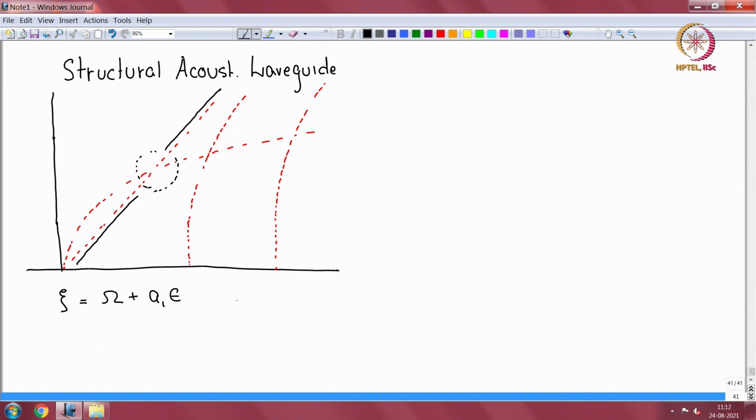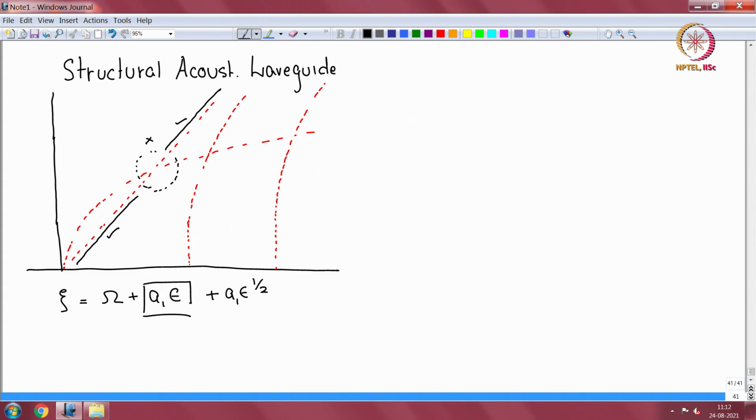This was valid for this region and that region, not valid for that region. So this correction term should have some other form. I will tell you the form. It should have this form, plus a1 epsilon to the power half. That is why it did not work out.